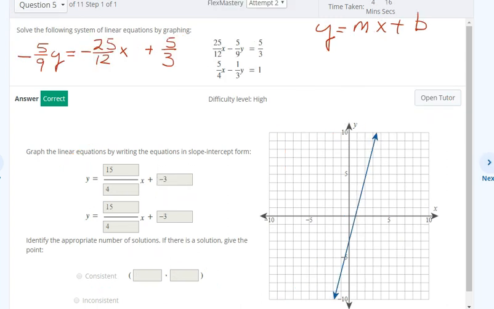In doing another example, just to get a little more practice, here is the original equation in standard form. Again, we want to put it in slope-intercept form.